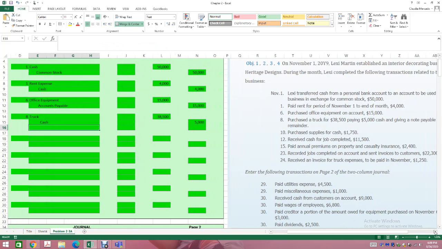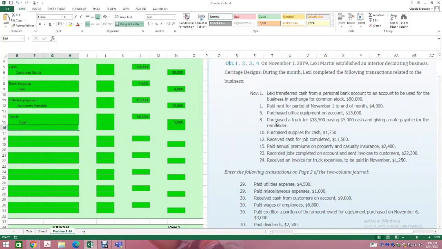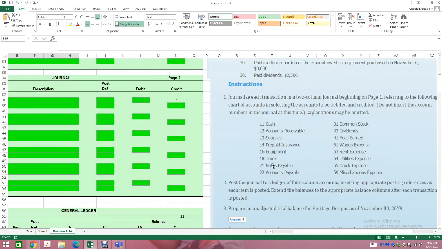Now, let's read carefully what it says. You purchased the truck for $38,500, you paid $5,000 in cash, and you gave a note payable for the remainder. So let's look at our accounts. We've got notes payable here. The difference between notes payable and accounts payable is usually accounts payable is paid maybe within 30 to 60 days. It's a short-term loan. You're going to pay fast. And notes payable is more structured. That means, for example, every month for this truck, you're going to make a payment of $1,000.